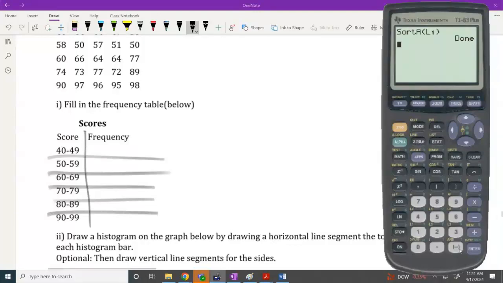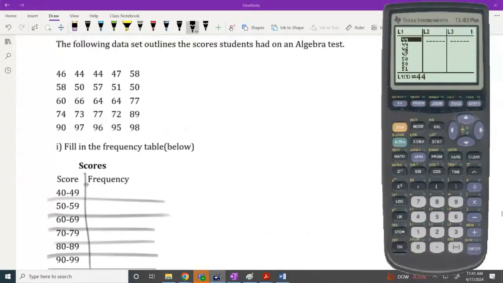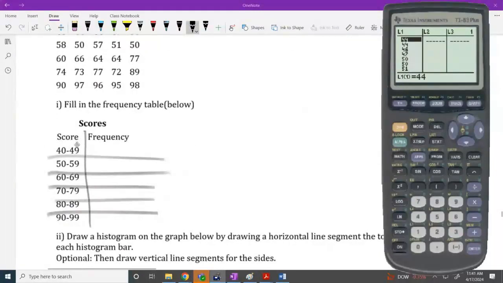But if you go back into stat, and then hit edit, you should see those numbers are now in order from smallest to largest. Okay. So now it'll be easier to pull them out this way, organized versus just a bunch of scattered numbers.